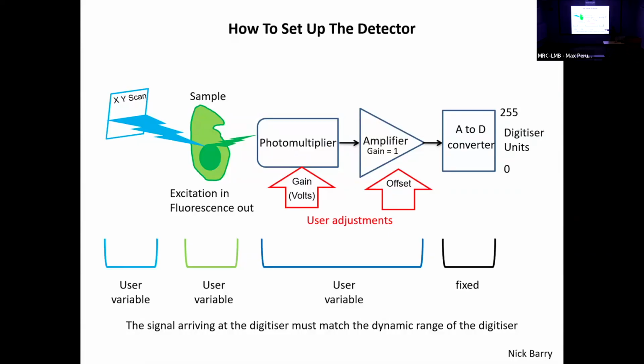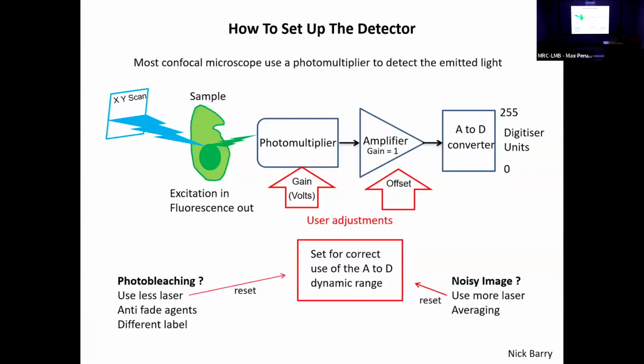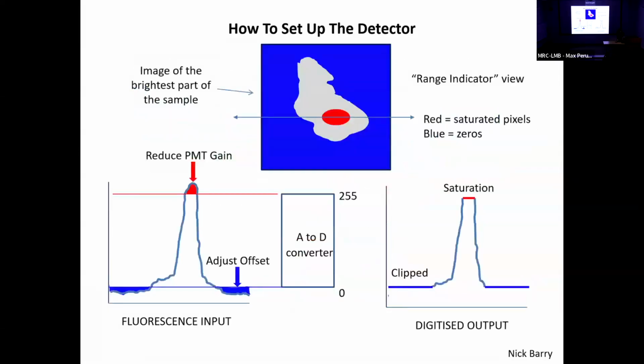There are quite a few variables, which is really just what I want you to remember: how much light you put on, how much fluorescence comes out of the sample due to labeling, the amplification in the detector, and then digitization. And you have to get all of that right to get a decent image. So I'm going to skip that for the time being and just go to this point here.